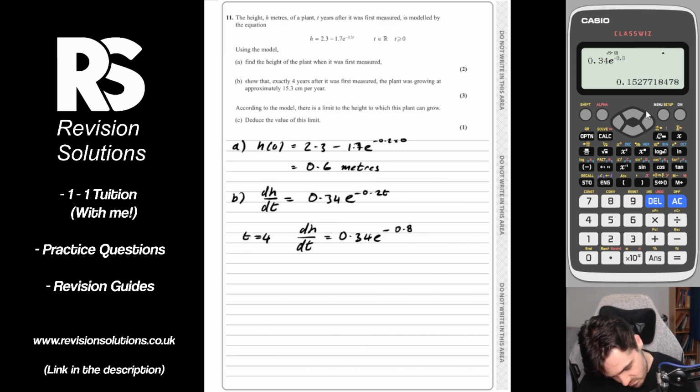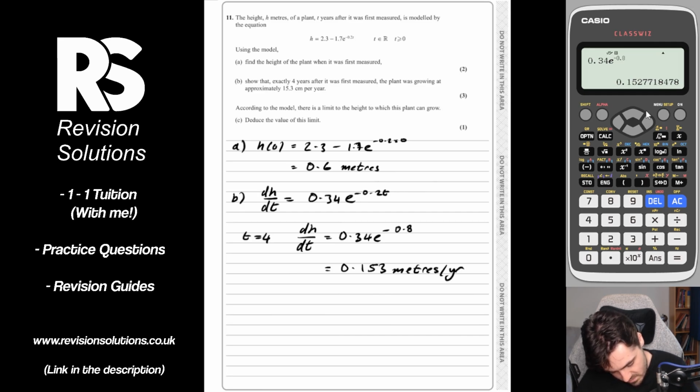Did they ask us to round? No, so it's approximately 15.3. So it rounds to 0.153, but if we check the units again, that's in meters. So that's meters per year.